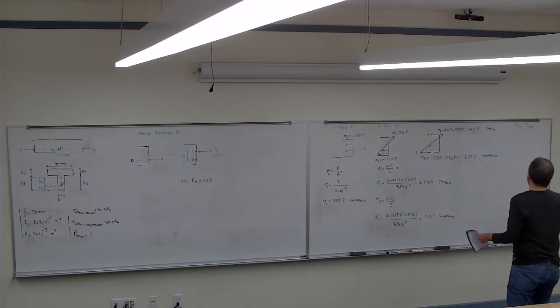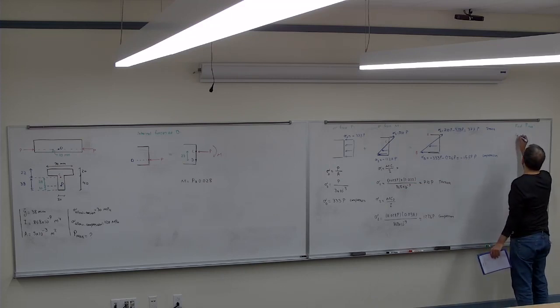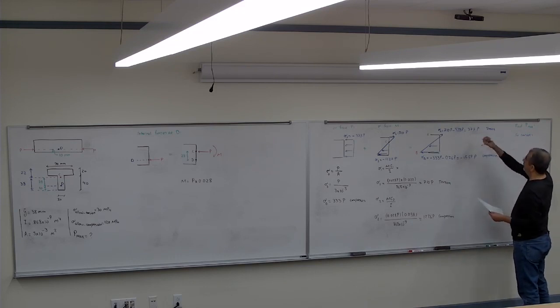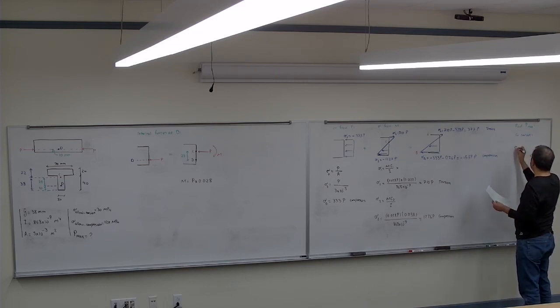So this is for tension. We have that sigma A should be smaller or equal to 30 megapascal. So, in other words, 377P should be equal or less than 30 megapascal.